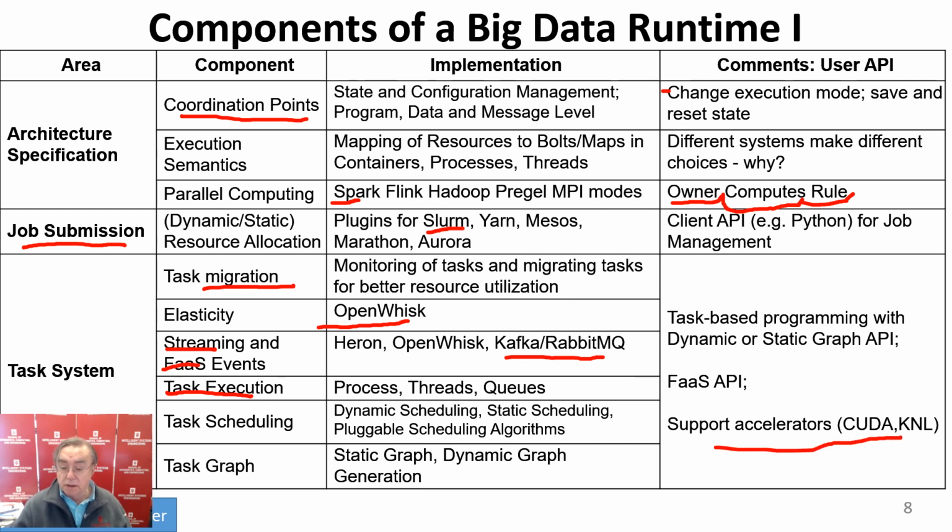Sometimes your work is done on your Intel or AMD node, sometimes on an accelerator from NVIDIA or Intel, where CUDA is the software for NVIDIA, and Knights Landing with Intel's DAAL is an Intel accelerator. Now, all of these things are specified by a graph, and you need to be able to process that graph. So that's an important part of this runtime.